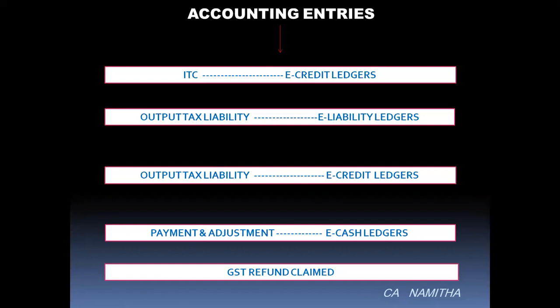Second, accounting entries for transfer of output tax liability to e-liability ledgers at the end of the tax period. Next is accounting treatment for adjustment of output tax liability with e-credit ledgers on the date of GST 3B filing. Then accounting treatment for payment and adjustment through e-cash ledgers. And the last one is accounting entries for GST refund.